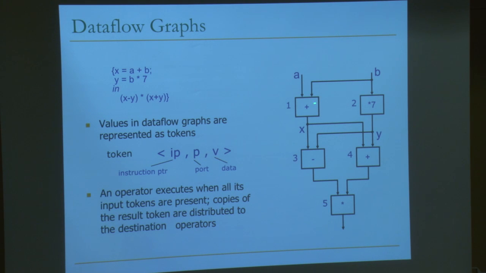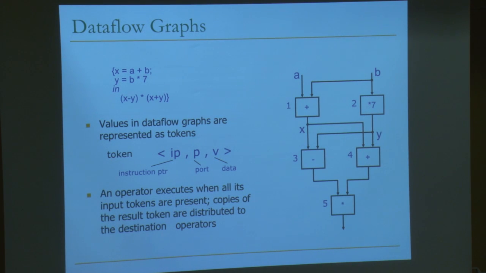And when this instruction fires, executes, it basically generates a token in the machine, which is a packet, that contains all of this information. This value should go and find the instruction at this instruction pointer, which is 3, and it should go to the left port of that instruction.